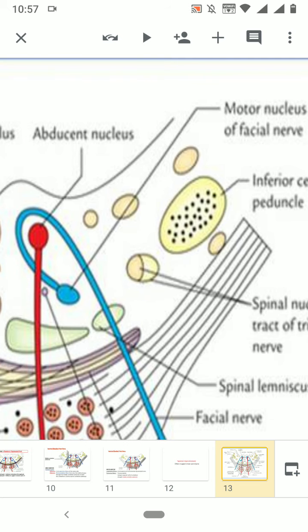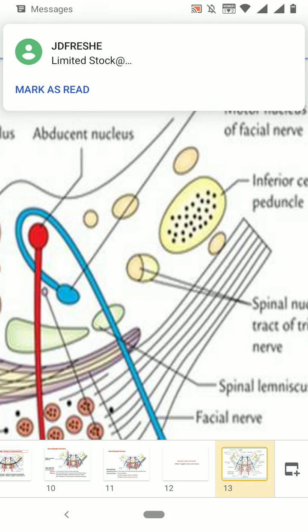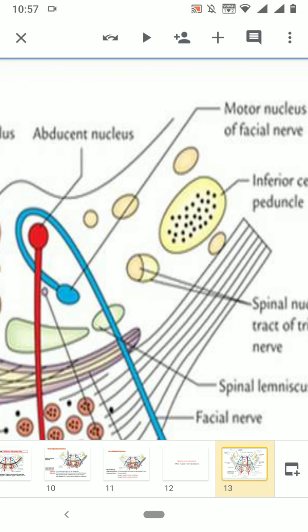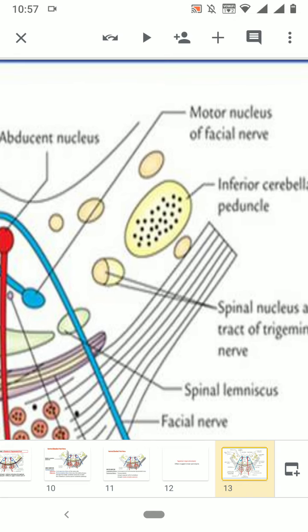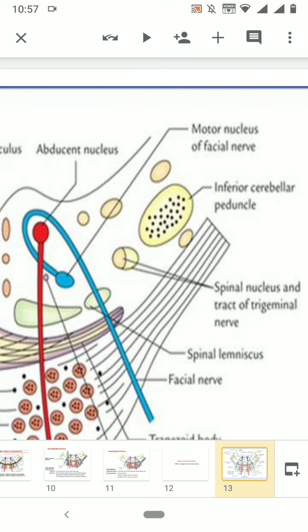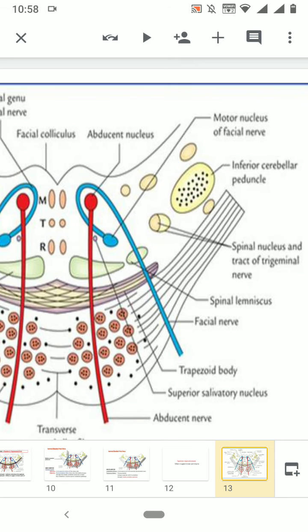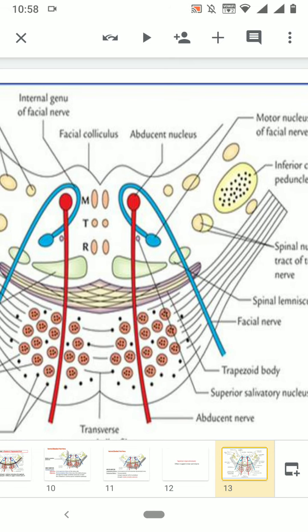So the motor nucleus of the facial nerve comes very close to the spinal nucleus of the trigeminal nerve. This phenomenon of migration of the motor nucleus of the facial nerve close to the trigeminal nerve nucleus is called neurobiotaxis, which we are going to talk about a little later, and the same thing will be explained to you.